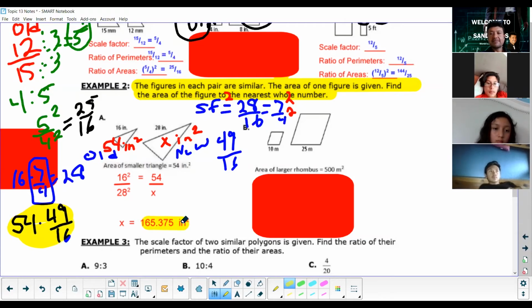Make sense? 54 times 49 divided by 16 is going to give me 165.375. Does it make sense for everybody?